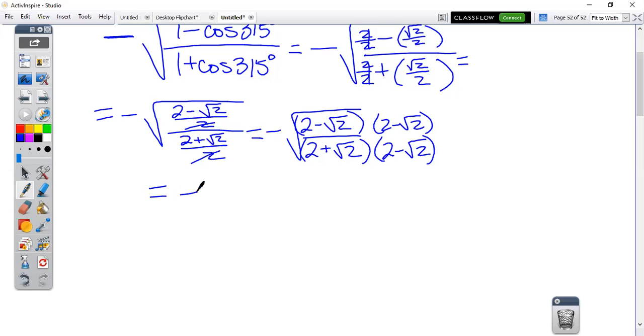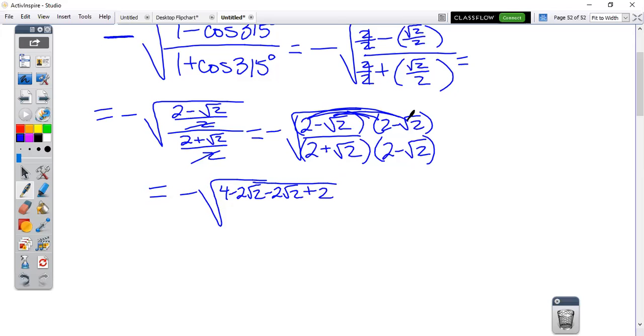So we'll have 4 minus 2 square root of 2 minus 2 square root of 2 plus 2.